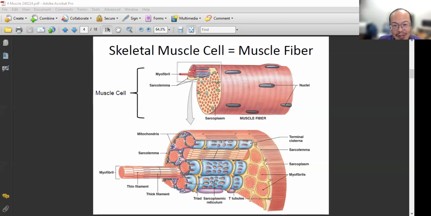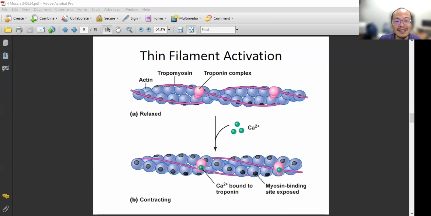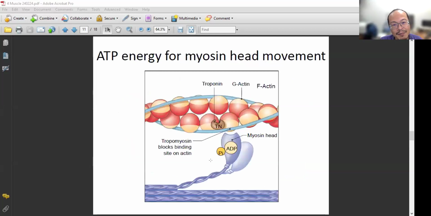It will cause calcium to get released. All right. So until then, you have a calcium release. Calcium release then binds on troponin, opens up, removes the tropomyosin, and then the myosin head binds on it. Then you have muscle contraction.